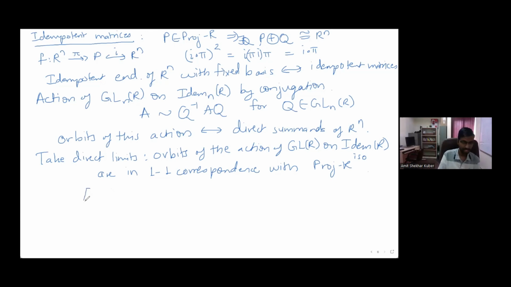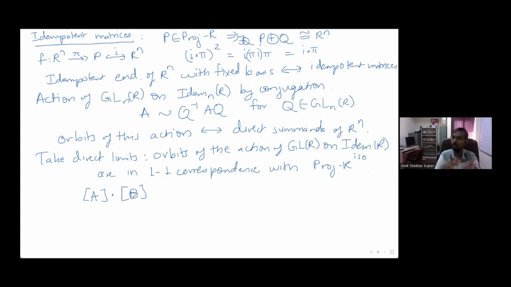Well, if you have the class of A, with respect to this action, and the class of B, then we take their product. A and B are identified with their finitary parts. A and B are infinite matrices, but they only have finitely many non-zero diagonal entries.